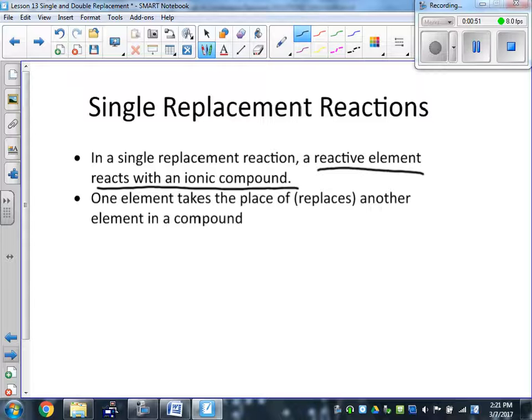If you want to simplify that, an element reacts with an ionic compound. The element will take the place of another element in the compound. So replacement, single. One replaces the other. Single replacement. Okay?